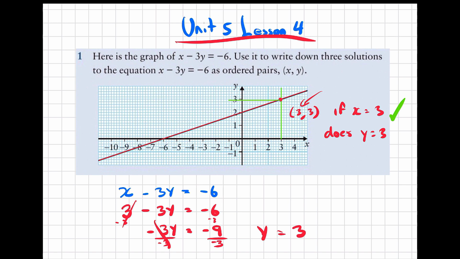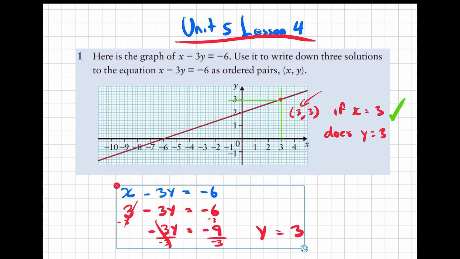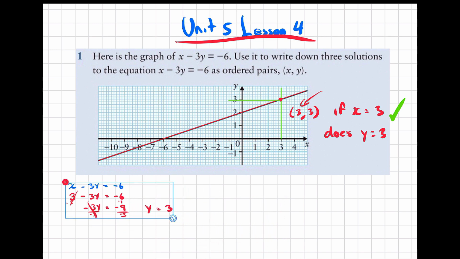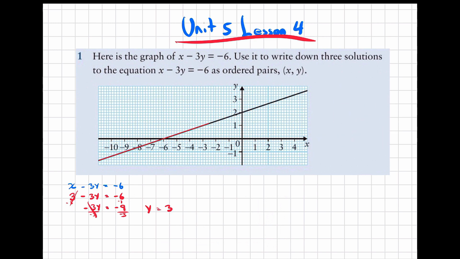Okay, now I'll just move this off to the left here, and let's take a look for another one. Okay, and I'm going to erase what's on the graph right here. Okay, and we have confirmed with this last one that we have a point (3, 3) on the graph.